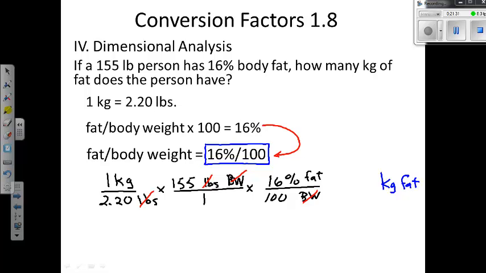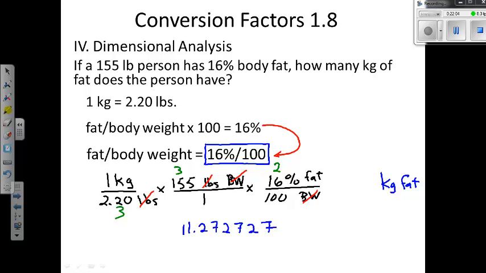And let's see, punch the numbers in the calculator. I get 11.272727. And significant figures. Well, 1 kilogram, we consider that to be an exact number. 155 has 3 sig figs. 16 only has 2, right? And 100 is a factor, it's considered to be an exact number.